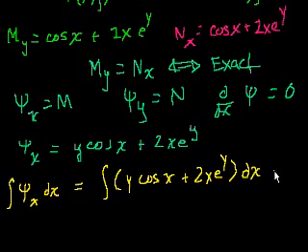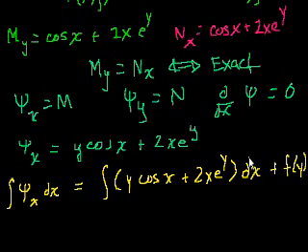But since this was a partial with respect to x, we could have had some function of y here in general, because y we treated as a constant. That makes sense, because if you were to take the partial of a function that is only a function of y with respect to x, you would have gotten a 0.